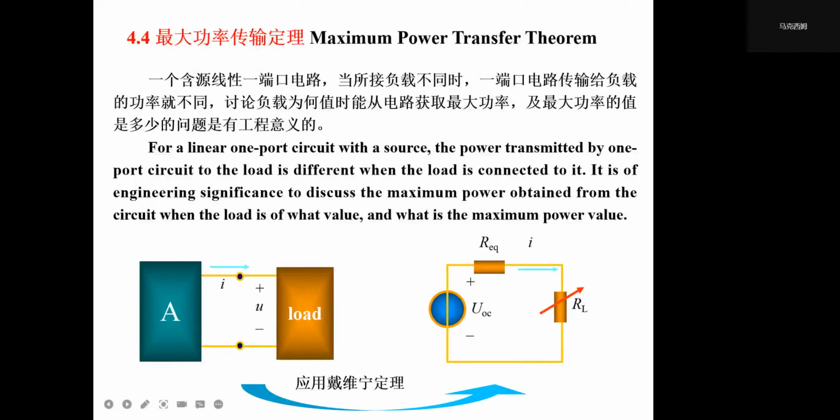So we can transfer this linear system into its equivalent Thevenin form, and we can just put an adjustable resistor here to mimic an adjustable load. And the power on the load equals I squared times the resistance of the load RL.